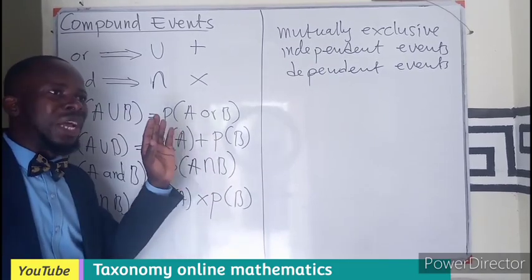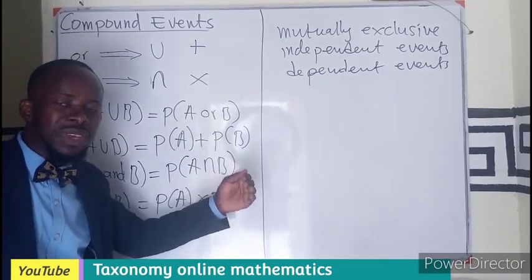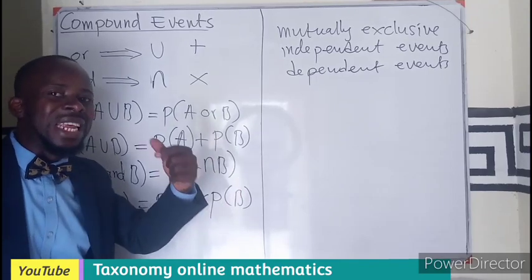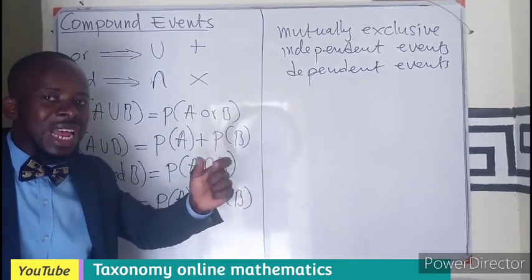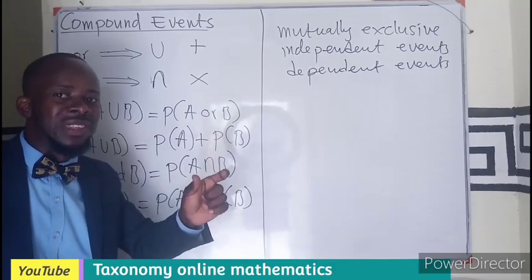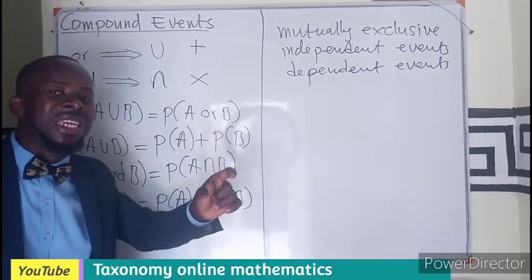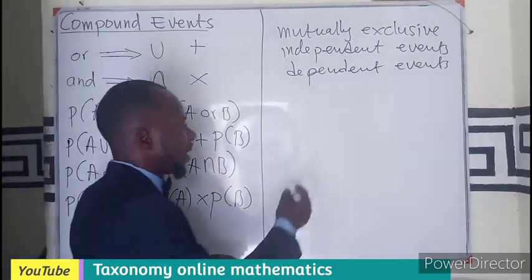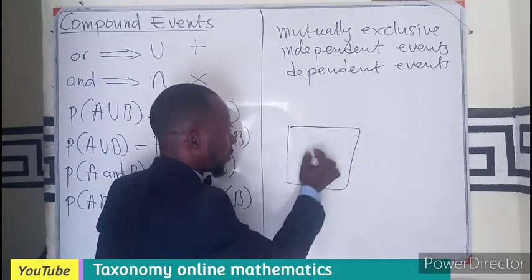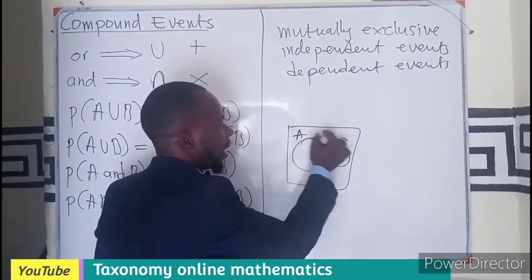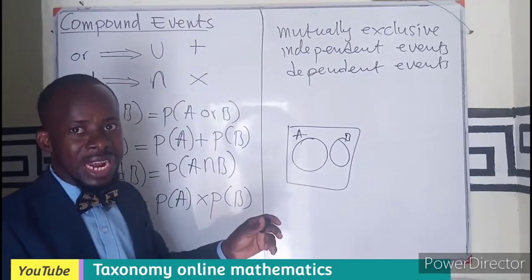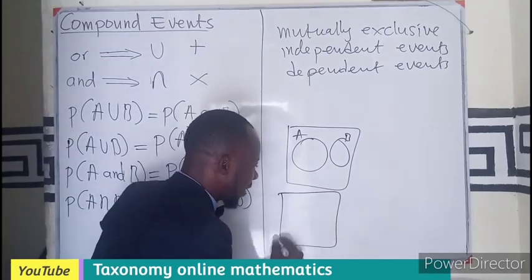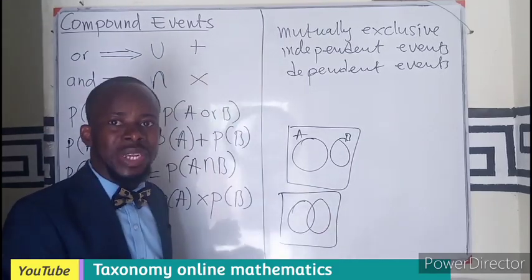Now, if we are talking of a mutually exclusive event, it means that they cannot occur together. And under set theory, if two events cannot occur together, it becomes a disjoint set. Meaning, if I have A and B and they cannot occur together, occurring together would mean that they can have an intersection.